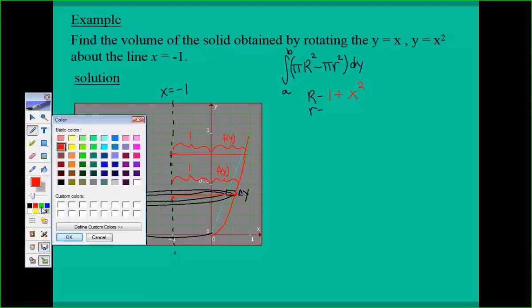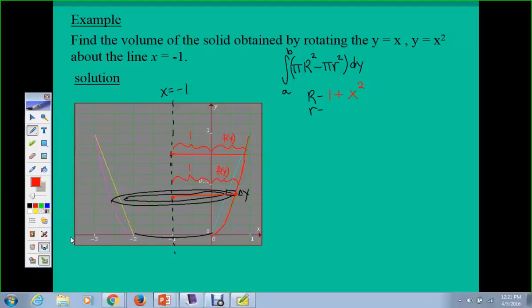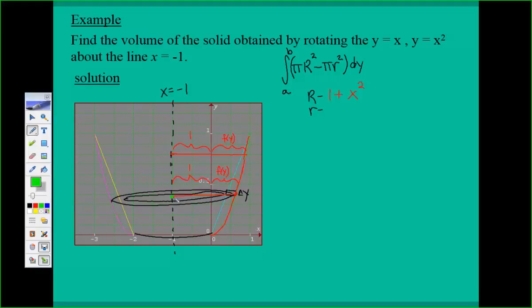That's our outer function, and that one is our x squared. Little r is the distance from the center of rotation to the inside function to get our little rectangle. We're going to subtract that off. And again, this is going to be always 1 here, and this would be our f of y. And in this case, we would have 1, and I wrote that down wrong.